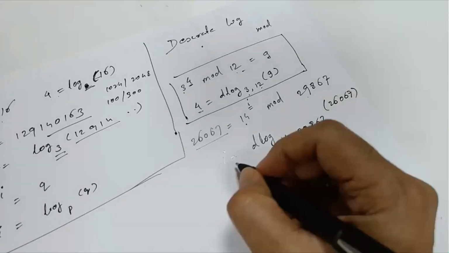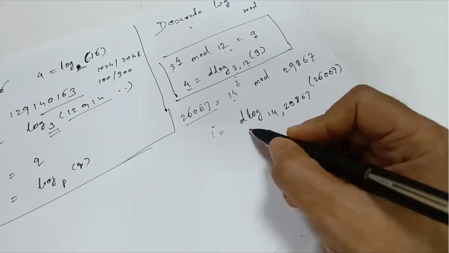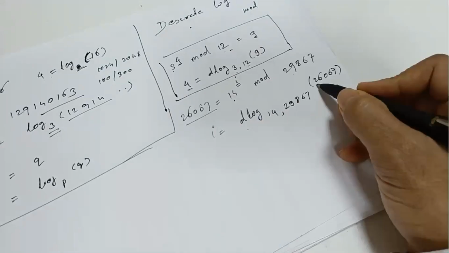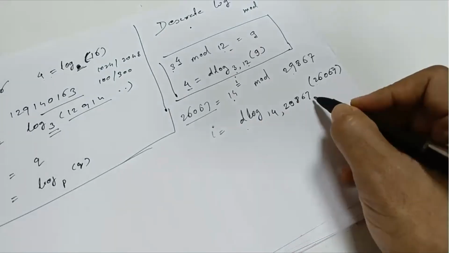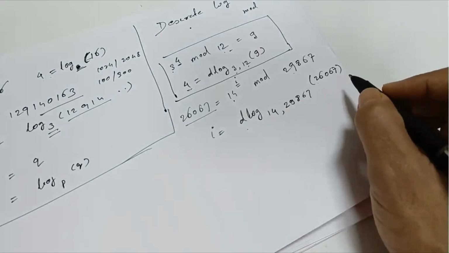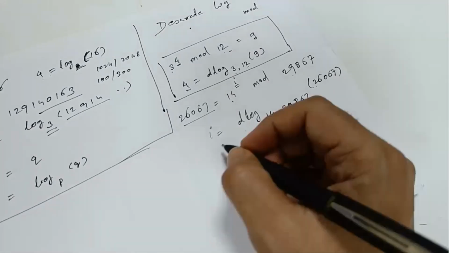So i is calculated as discrete log of 26067 to the base of 14 and 29867. If you calculate it, i will be 12.